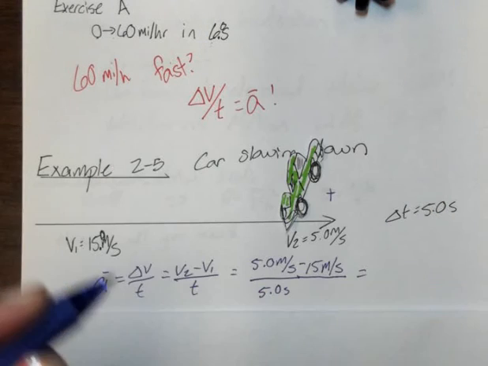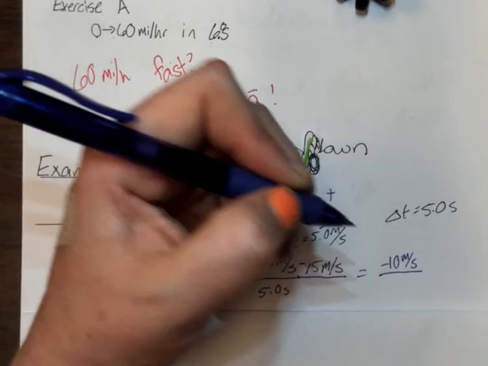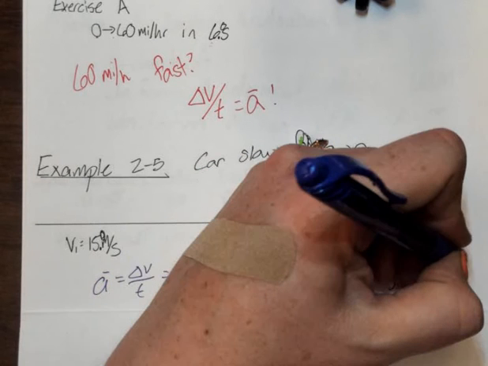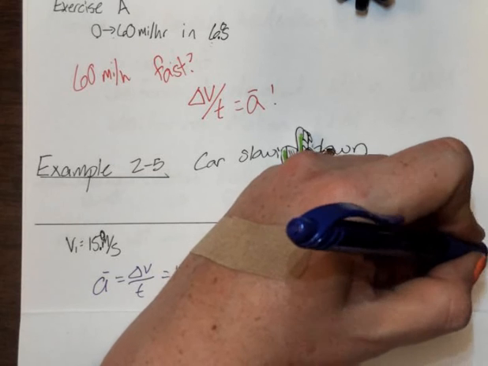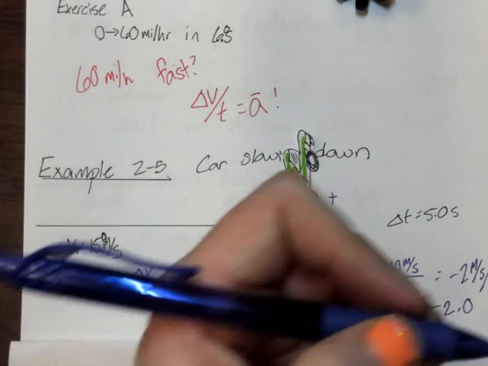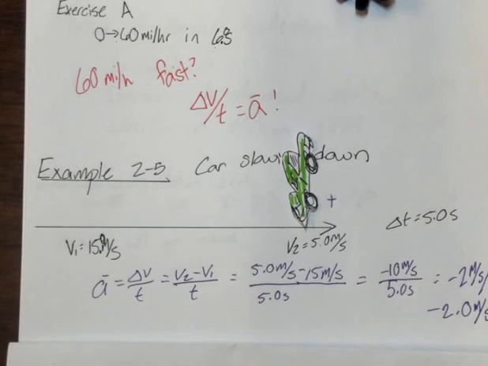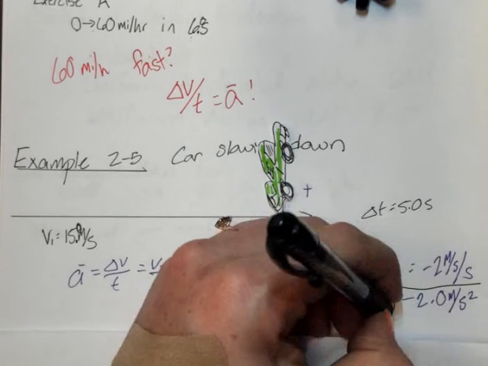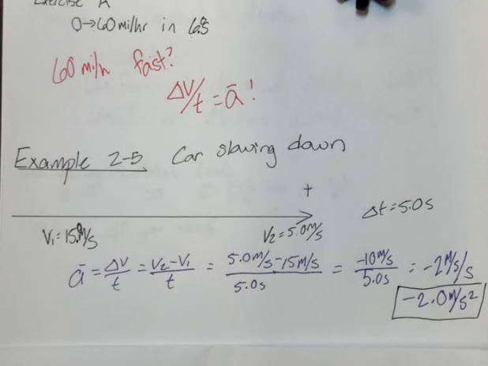So 5 minus 15 is negative 10 meters per second, divided by 5.0 seconds. That gives us negative 2, or negative 2.0 because significant figures are important, meters per second squared. That right there is the car's acceleration.